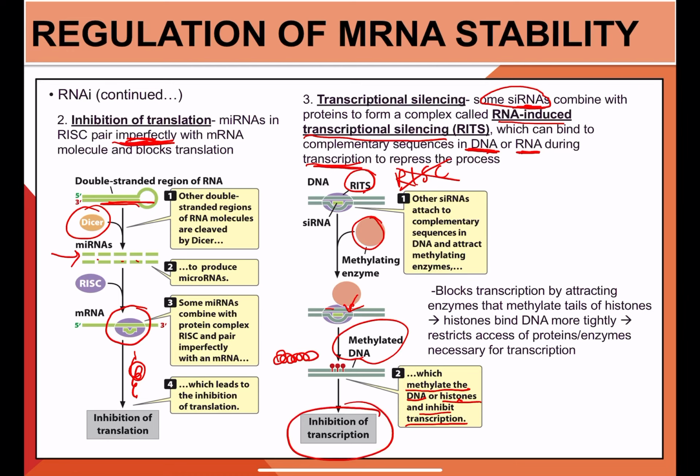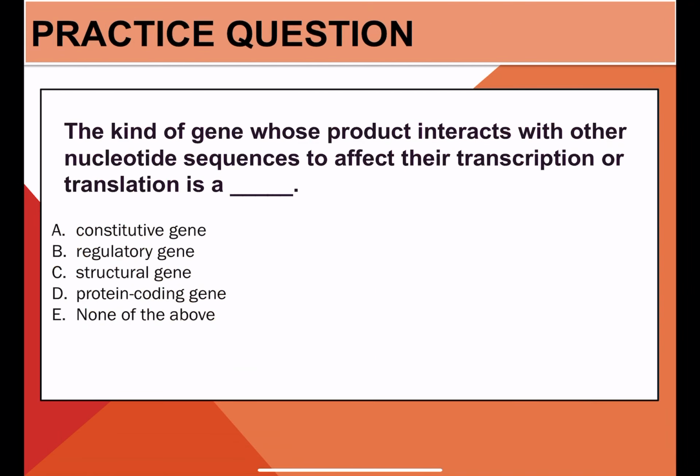So both siRNA and microRNA make the RISC complex through dicer and slicer, and that will inhibit translation, whereas some siRNA can make the RITS complex, which will then affect transcription and block transcription from happening. So that's why I said this chapter is pretty short. It concludes chapter 12 here.